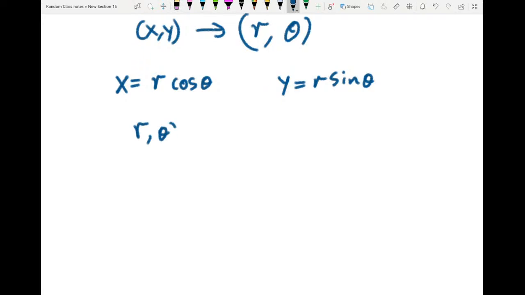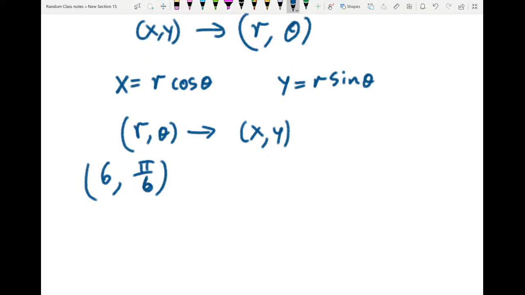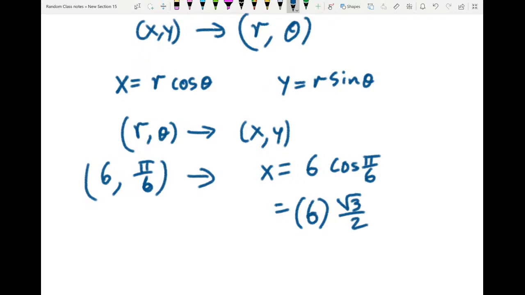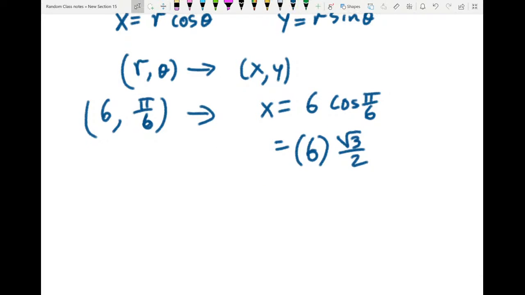Let's look at this way: 6 comma pi over 6. Pretty simple. X would be 6 cosine of pi over 6. And we know cosine of pi over 6 is square root of 3 over 2, times 6. When you simplify this, this is 3 root 3.